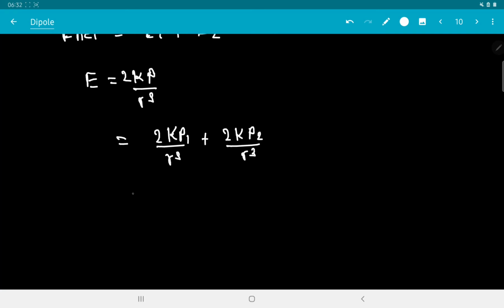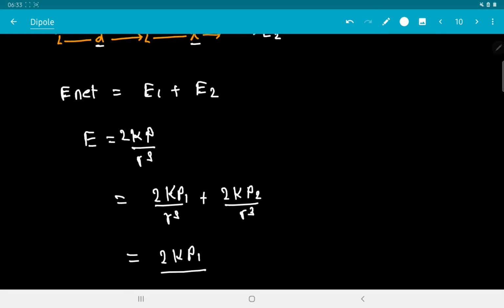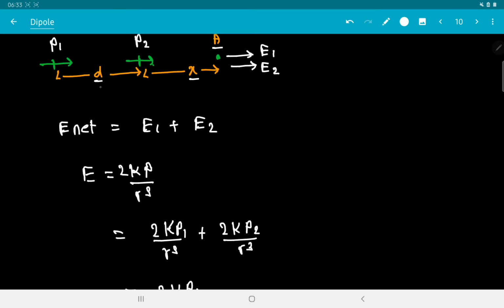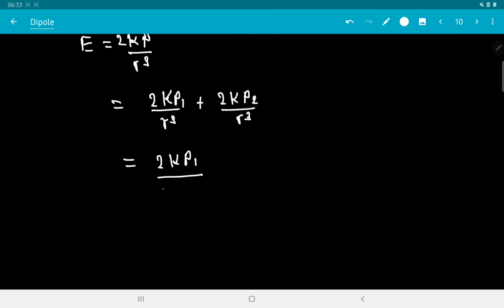Now P1 and P2 are same, so we'll get 4Kp by... sorry, we have not considered the directions. So 2Kp1 by r cube, where this distance for P1 is d plus x, or we'll write (x plus d) cube. For P2 it is just x.